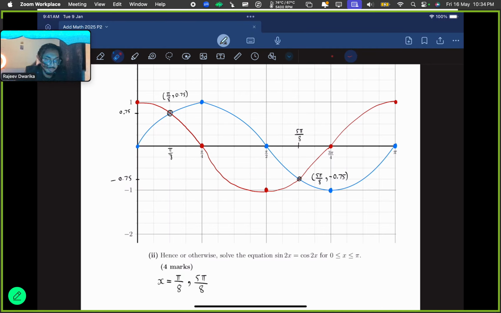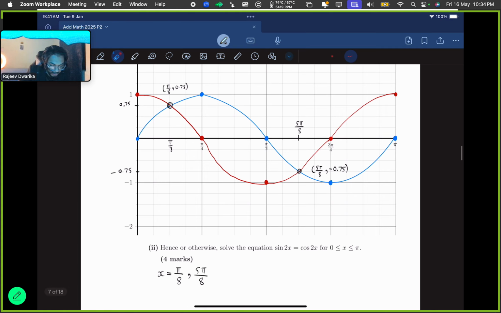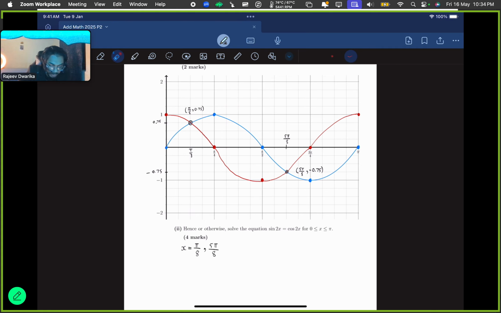I think people would believe it would be 0.75. They won't be able to tell it's 0.71. Honestly, me either, because based on this sketch you can't infer that. But it's actually 0.71. So are you okay with this question? You see how easily you could lose the 4 marks.